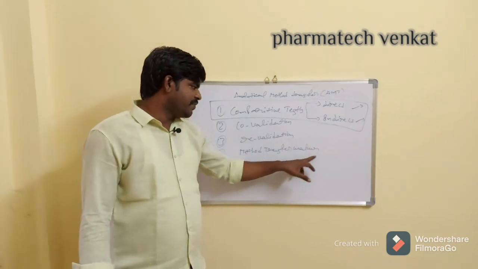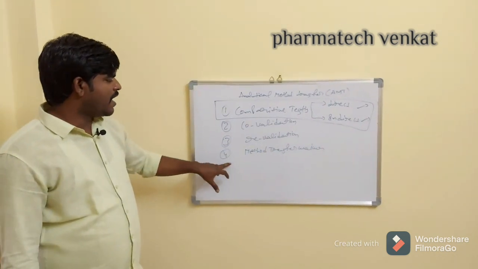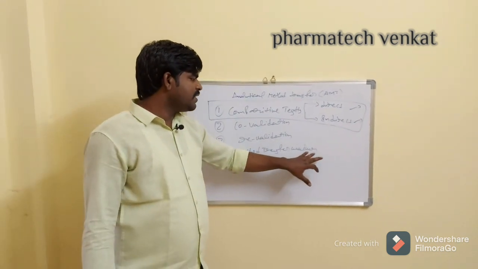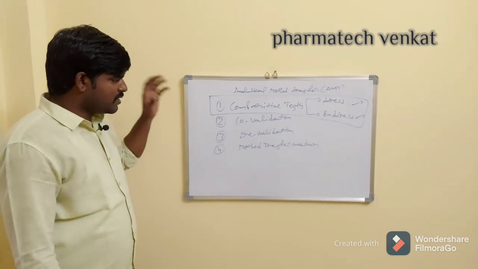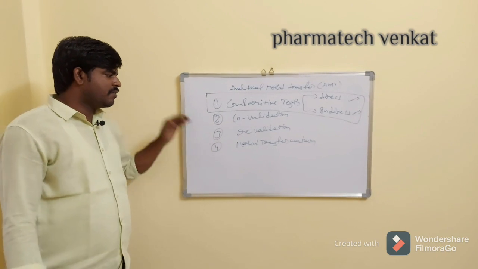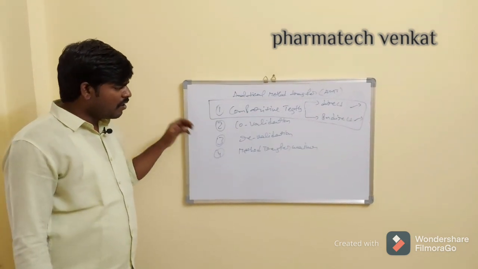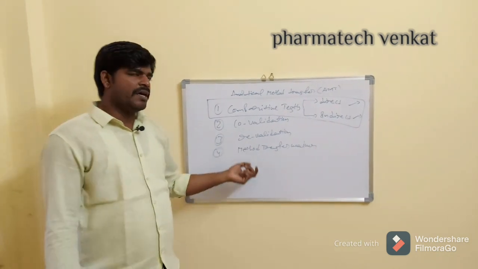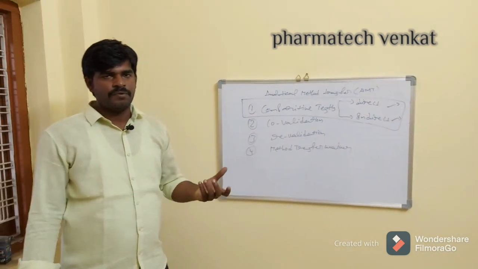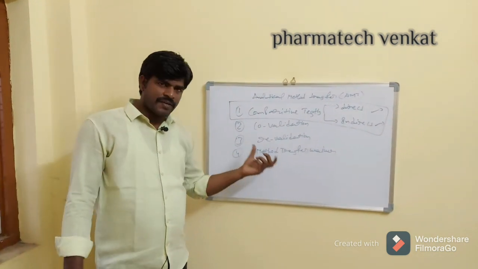So method transfer waiver mostly happens when the same method is already available at the particular site and used frequently. Or we are already using the same method, but they are changing their API, their manufacturing process, or the specification.